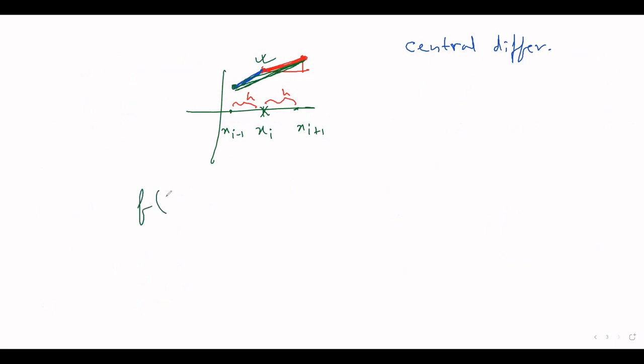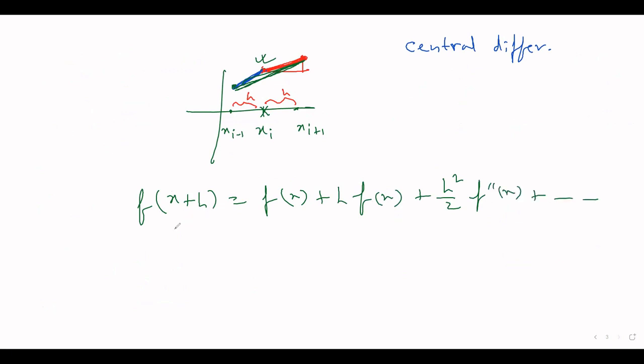So what we do is, you know the Taylor series formula, right? Now, what we can do is approximate f prime x by truncating here and making f prime x the subject, right?